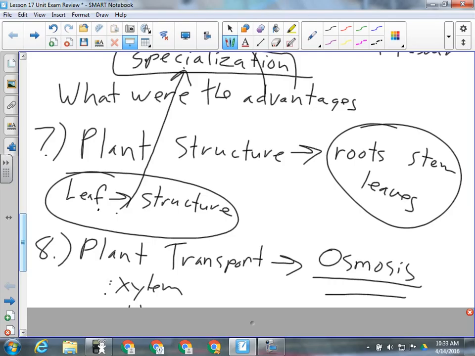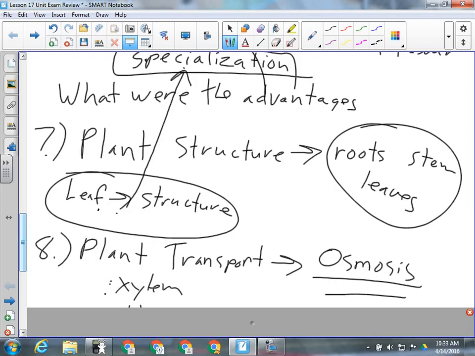When we did our plant transport lab, one of the big issues, sorry, I haven't talked about that yet. I'm supposed to talk about it today because you handed that in yesterday, so let's talk about it right now. One of the biggest problems in that lab was question number 3 in the analysis. What would be the effect of adding salt to the water that your plant was in?